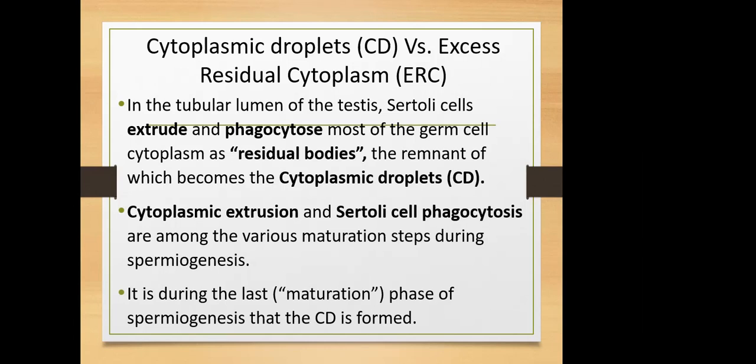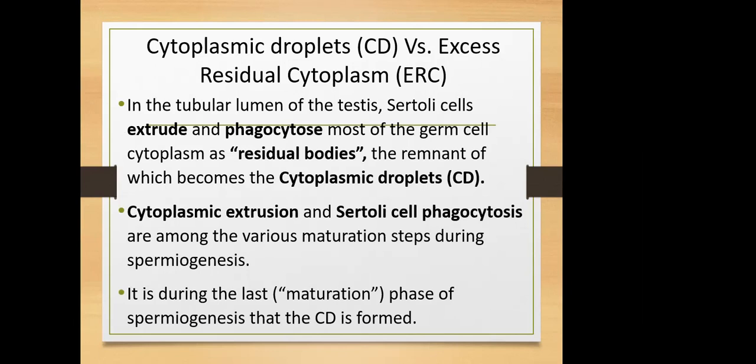Now, when the remains are small, they are called the cytoplasmic droplets. If even after the extrusion there's still a lot of cytoplasm left hanging, then it's like they have become larger cytoplasmic droplets.